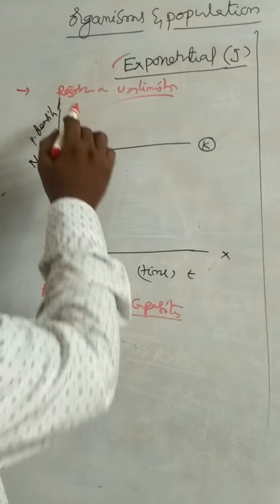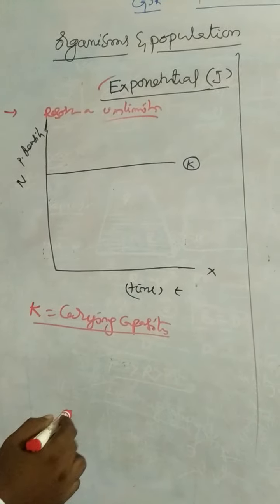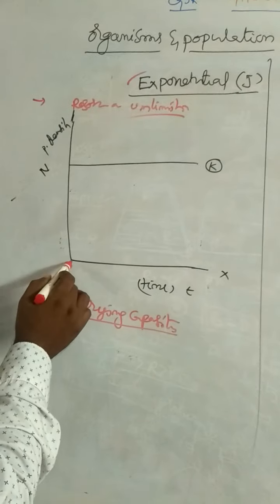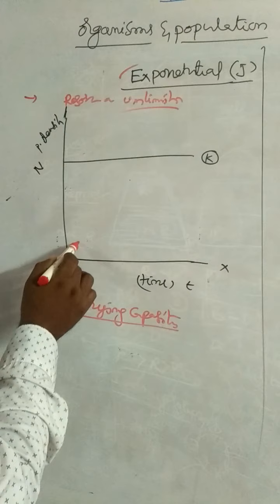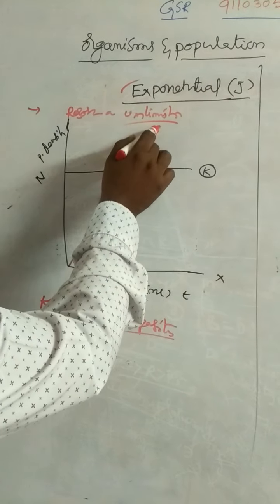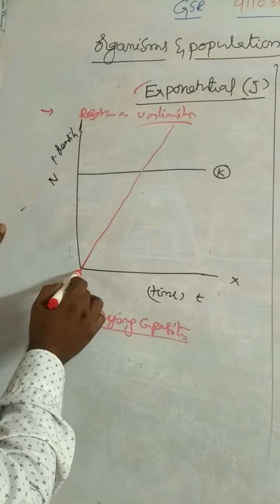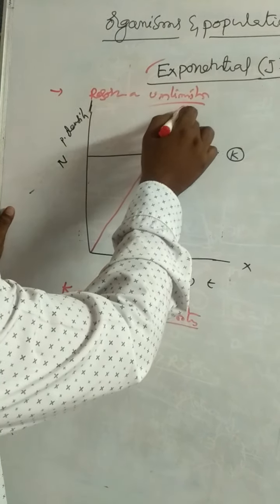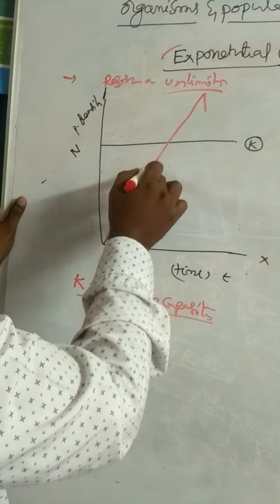Coming to exponential growth, resources are unlimited. When the resources are unlimited, the number of individuals increases rapidly up to certain level. This graph is called J-shaped growth curve or exponential growth curve.